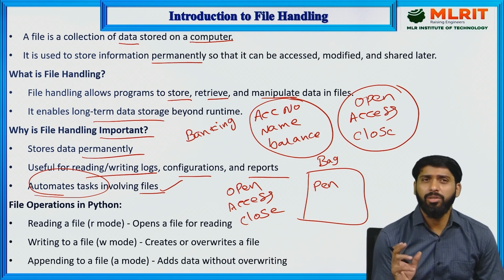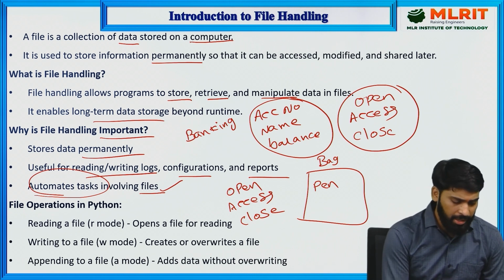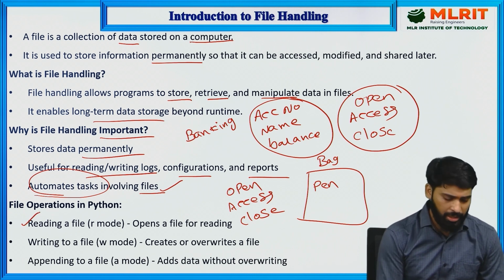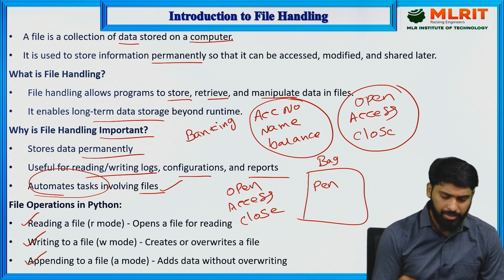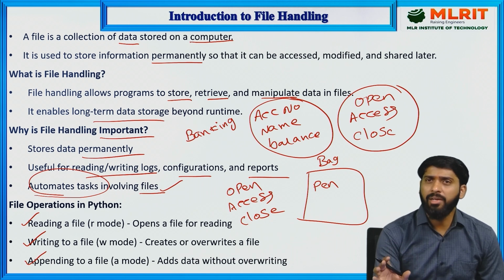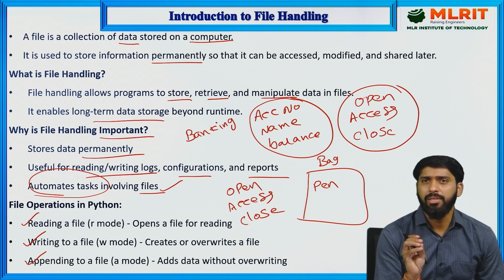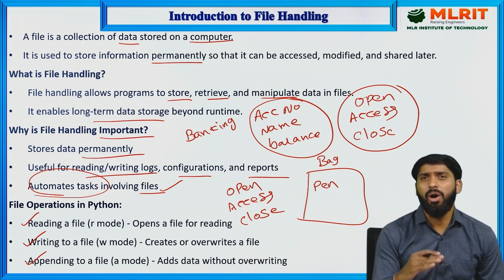Coming to the file operations in Python: one is reading a file, second is writing to a file, third is appending to a file. Reading a file means you want to access the content in the file, just reading. Writing means you are trying to update the content in the file.